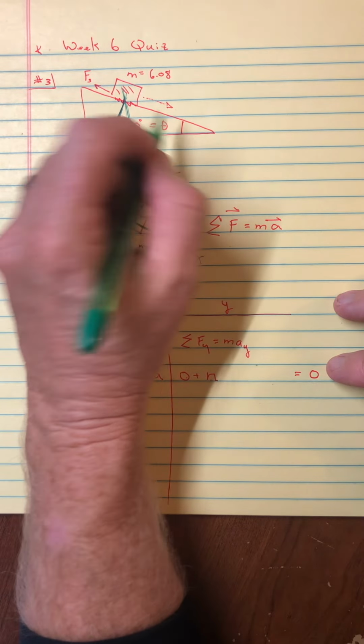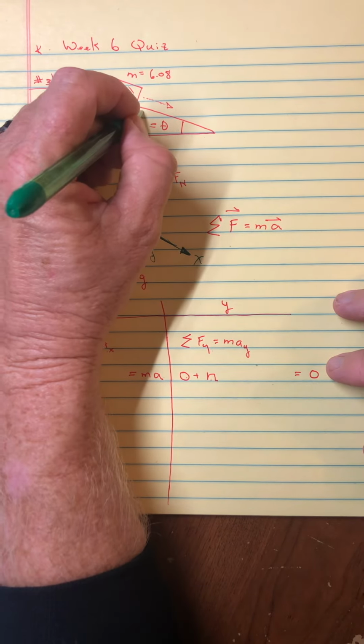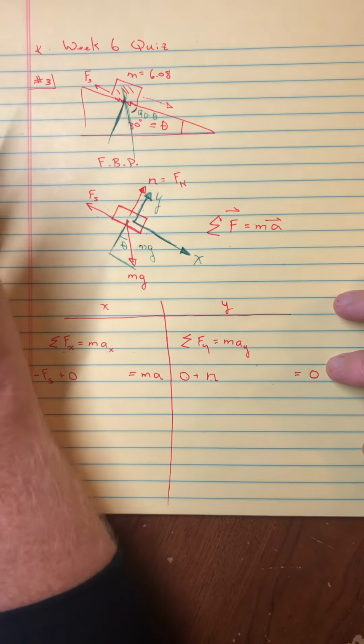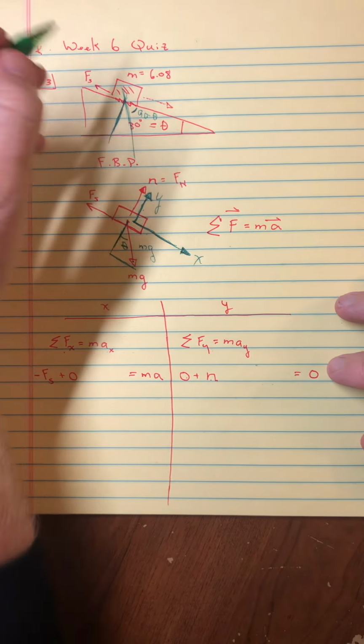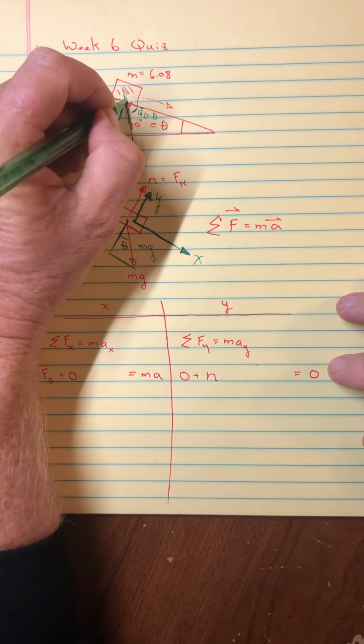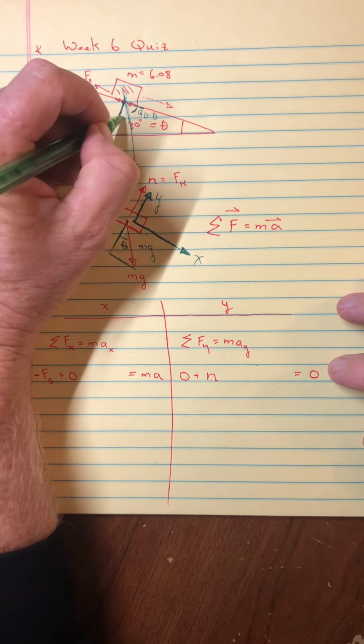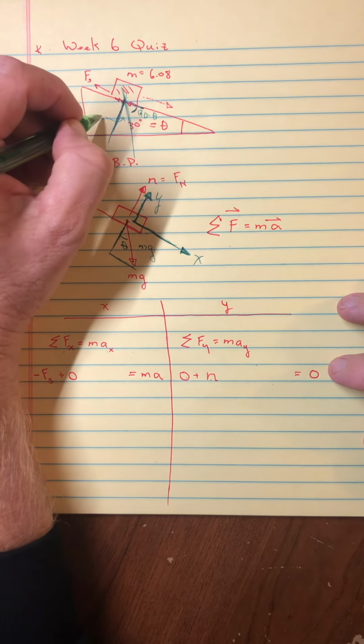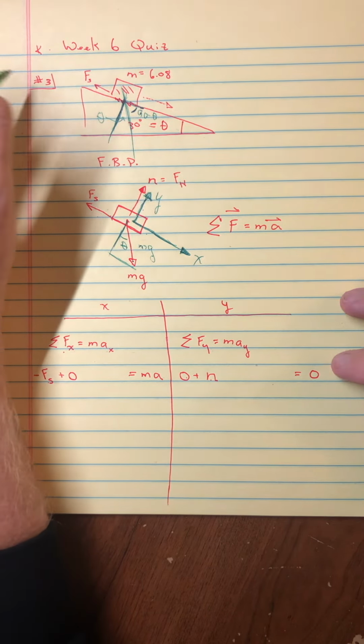And if this angle is theta, this one in here is 90 minus theta, which, remembering this right here, is 90. So that means this one in here, the one in question, must be theta.